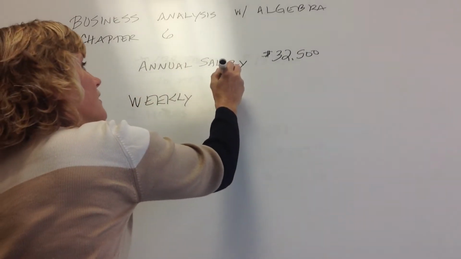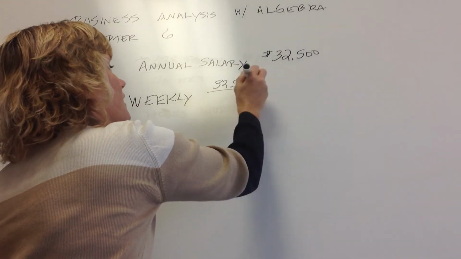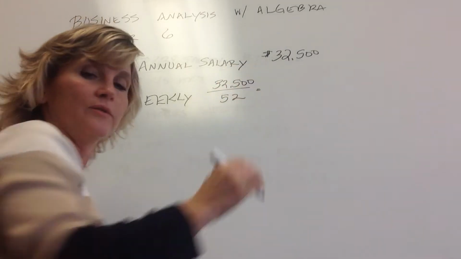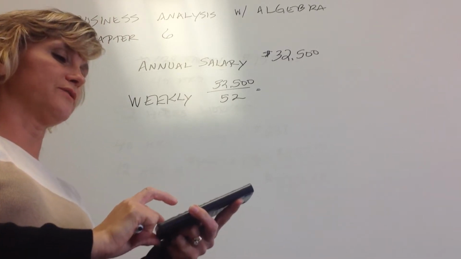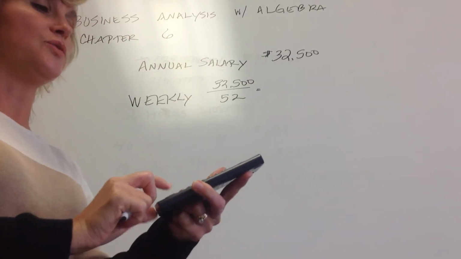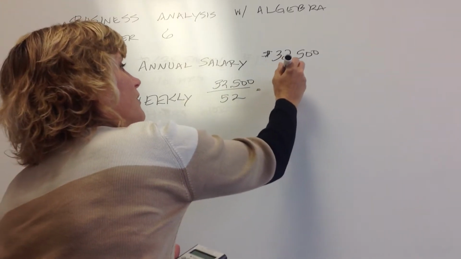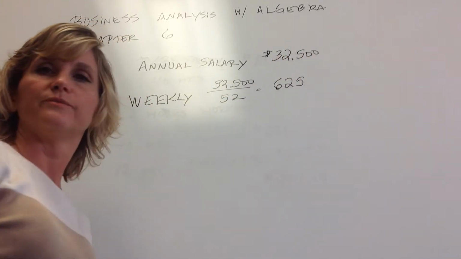Then what I do is I take the annual salary and I divide it by 52 weeks. So $32,500 divided by 52 weeks in a year gives me $625.